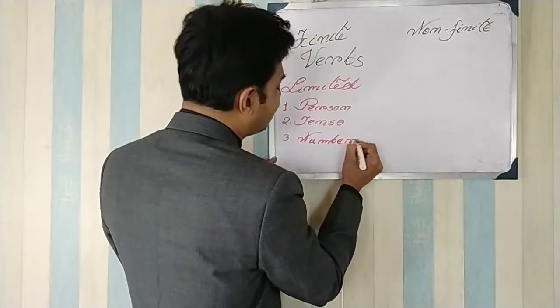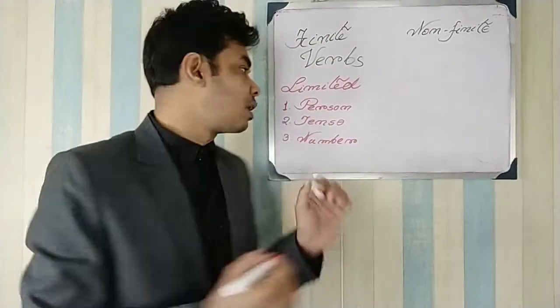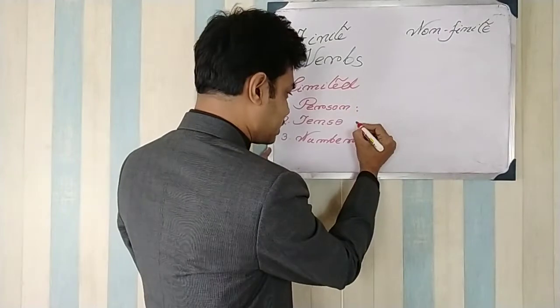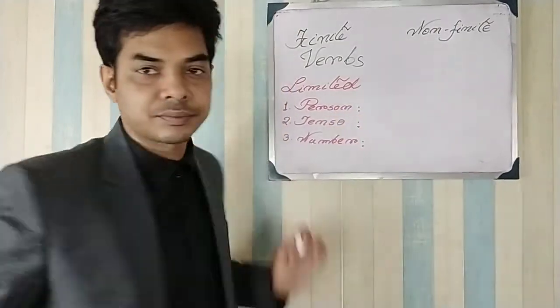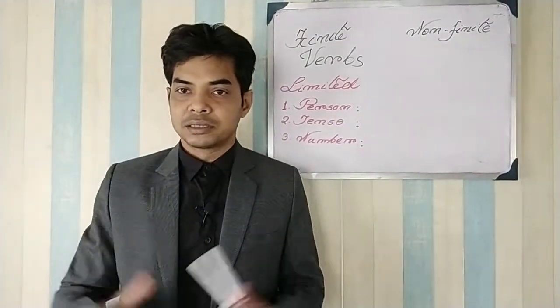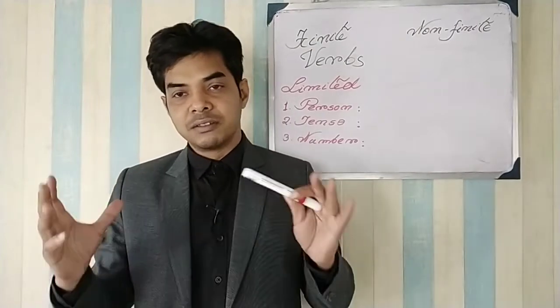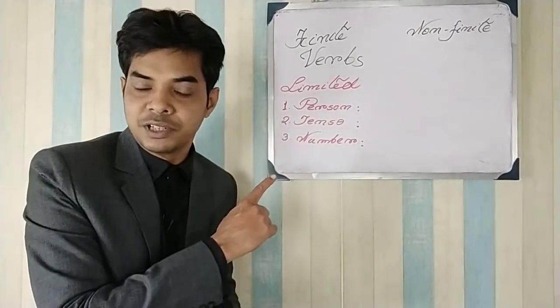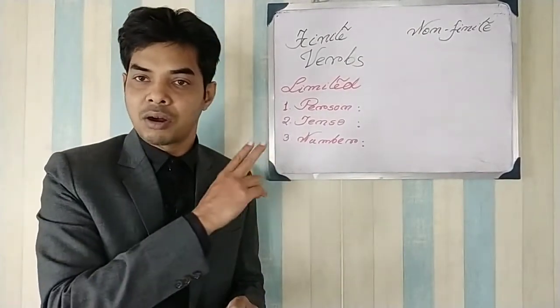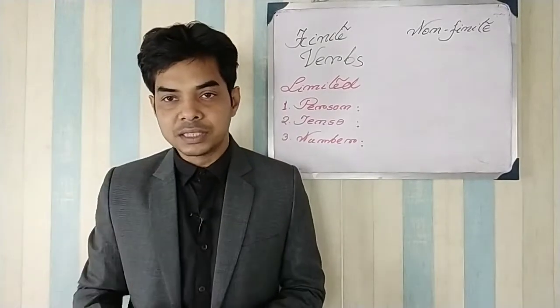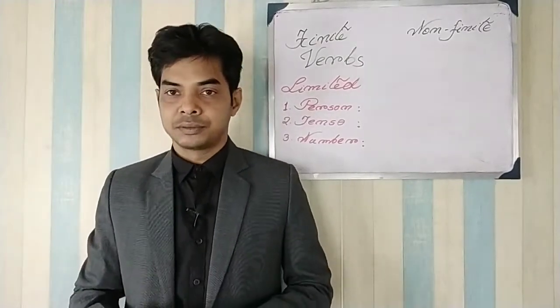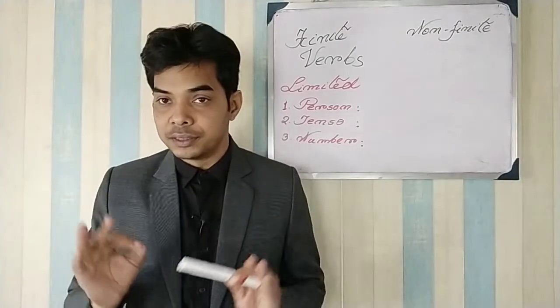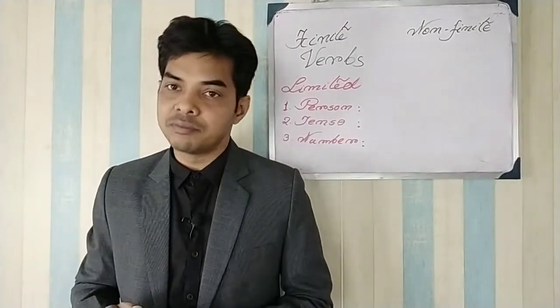So these verbs are limited in terms of person, tense, and number. So finite, that means limited. So when the verbs are limited with person, number, or tense, we consider them as finite verbs. So that's the point to remember.